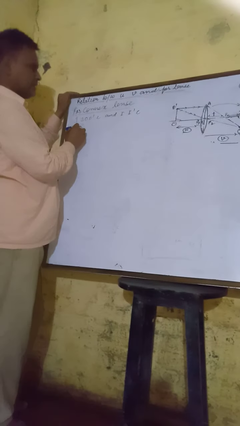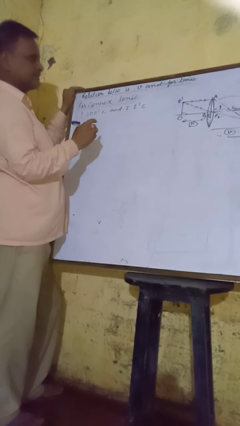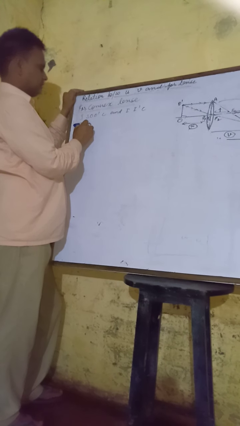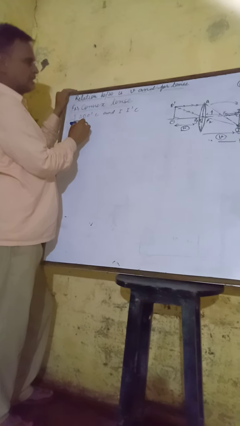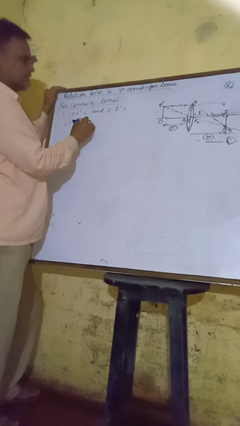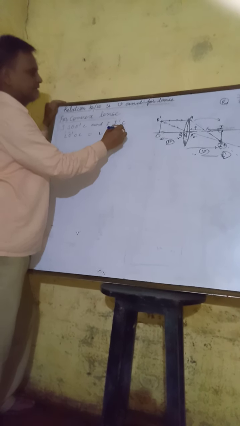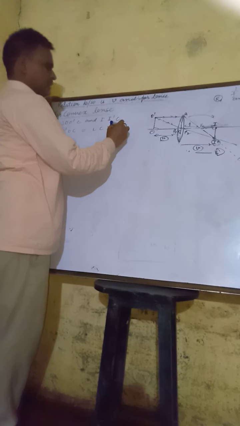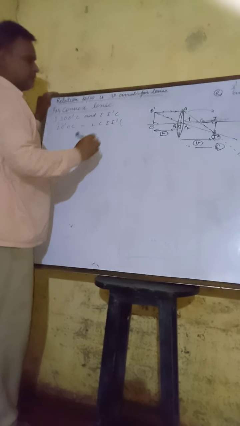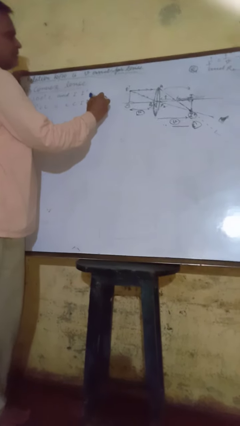You can see here these are 90-degree triangles. So angle O dash OC is equal to angle CII dash. Why are these angles equal? Because both are 90-degree angles.